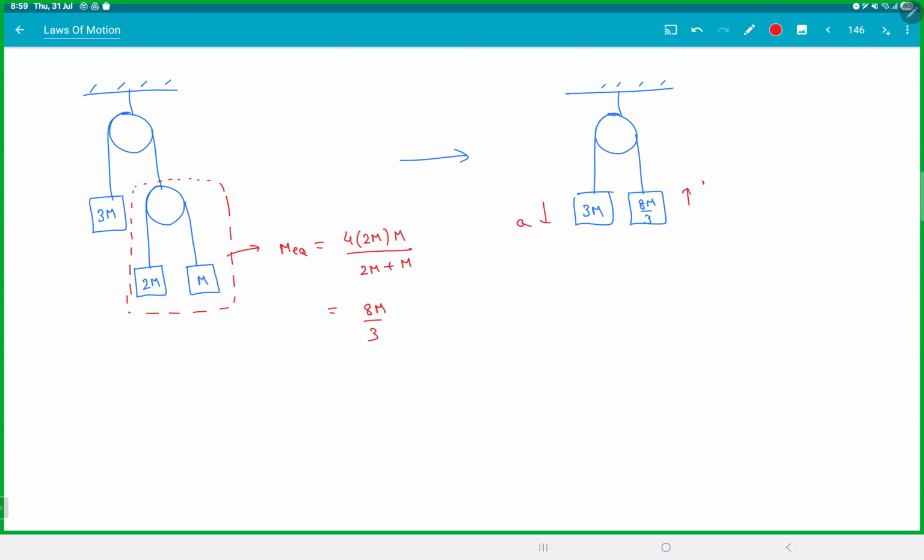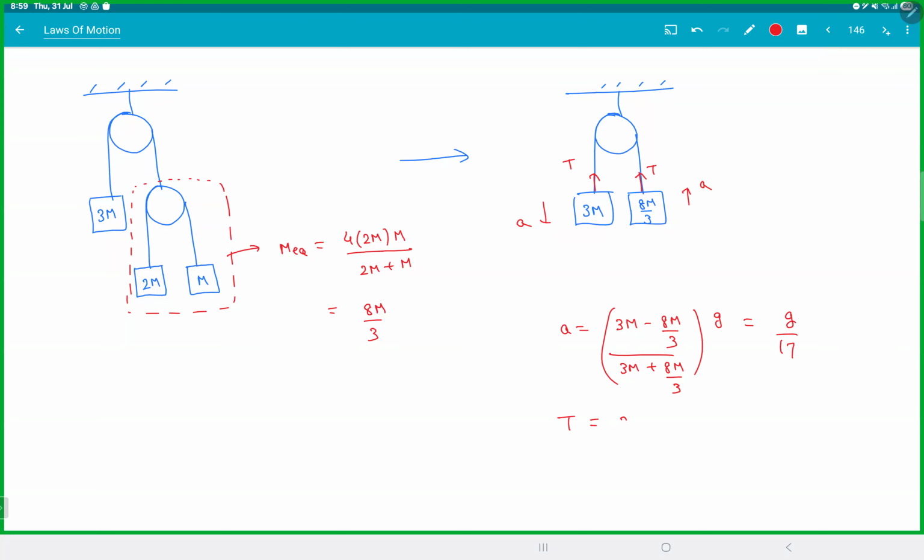Acceleration. For the Atwood machine, you know the formula from here: (M2 minus M1) by (M1 plus M2) times g. Or you can directly solve it also. This turns out to be, again, (9 minus 8) g by 17. Faster. You can even find the tension here.